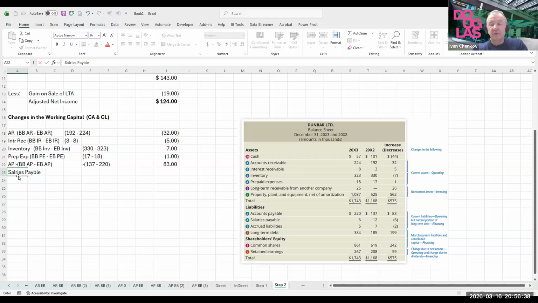The formula again is going to be the same. Negative beginning balance of the salary payable minus the ending balance of the salary payable. And again, we're going to have negative, 7 minus 5 in the brackets.